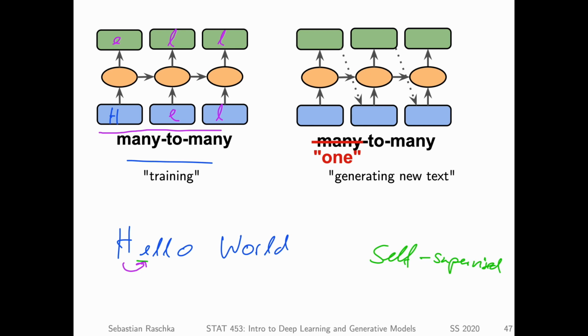Okay, so this is during training. During training, we have this many-to-many approach. We also have a many-to-many approach when we use the network to generate text. However, I would say it's a little bit more similar to one-to-many, because here we feed the prediction to the next time step.